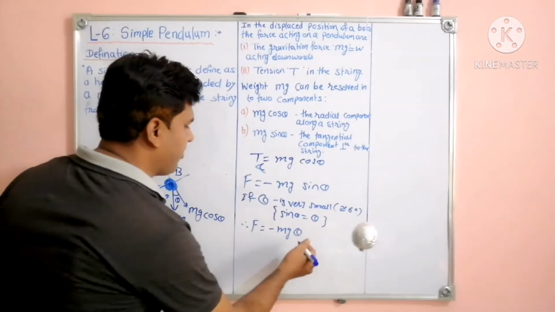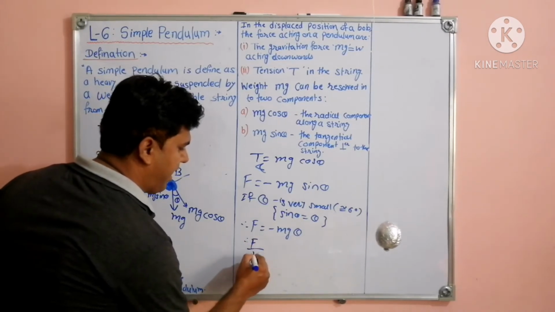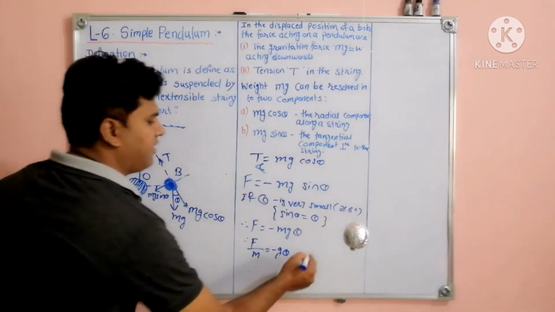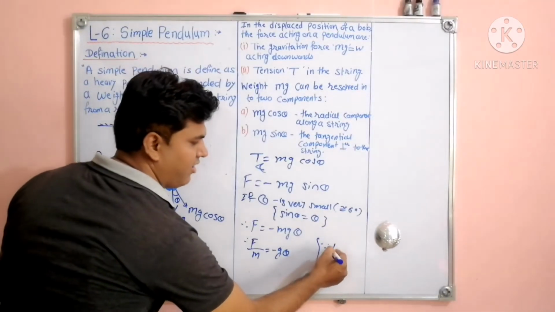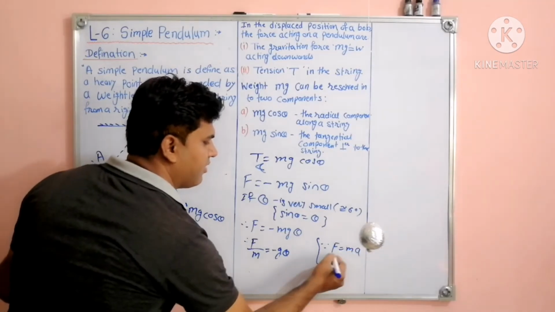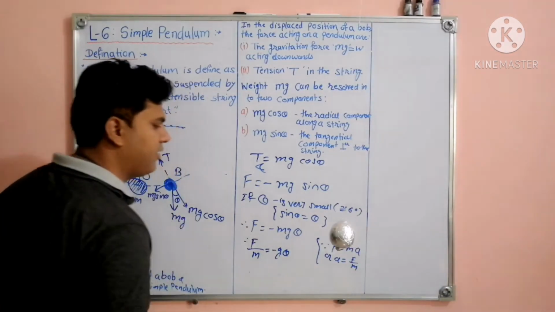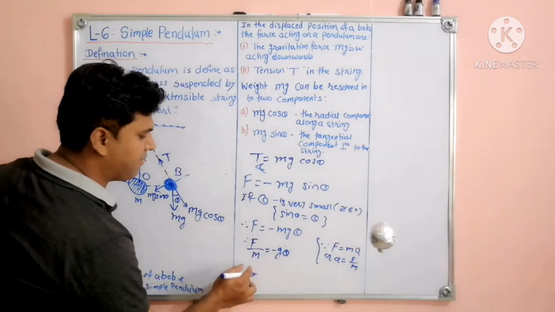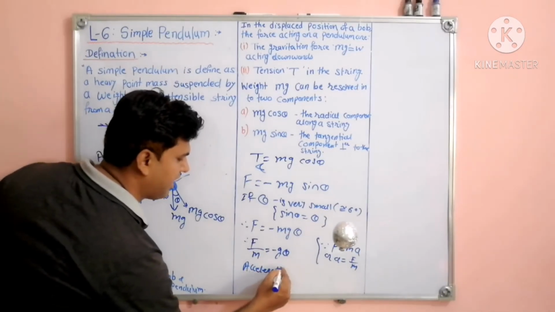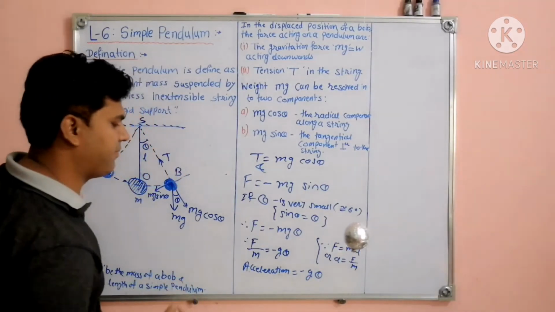Now this equation can be written as F by m equals minus g theta, and we know that according to Newton's second law, force equals mass into acceleration, or acceleration a equals force by m. So F by m is nothing but the acceleration, which equals minus g theta.